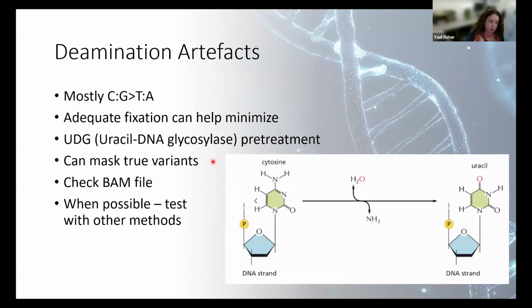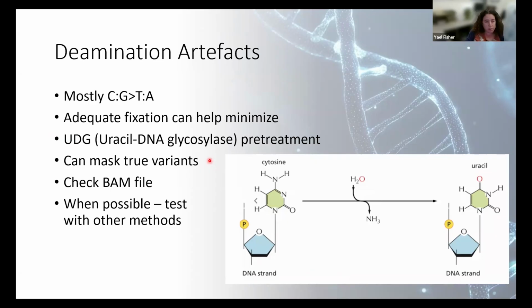And the importance of it is that if you get multiple deamination variants, you can't really tell if you have a true variant that is of the same type, right? A C to T or G to A. So you need to be especially careful around these.